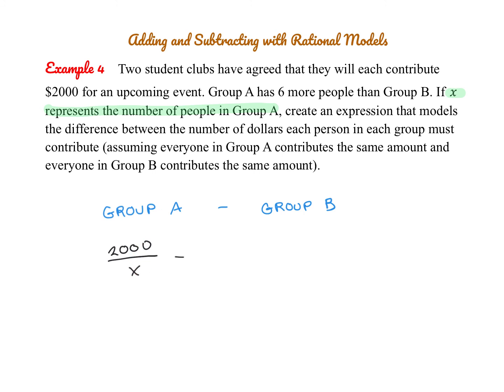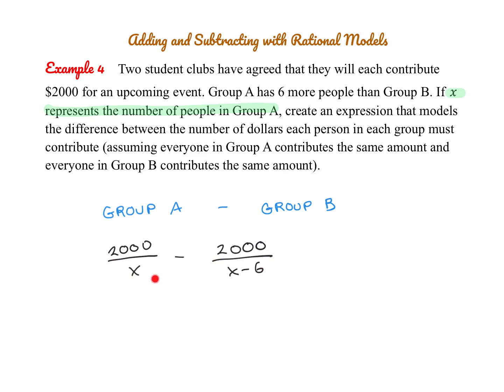And then we're going to do minus, well, Group B has also agreed to contribute $2,000, but that's split up over 6 fewer people, because it says that group A has 6 more people than group B. So group B must be X minus 6. So again, this $2,000 is split up over X minus 6 people.